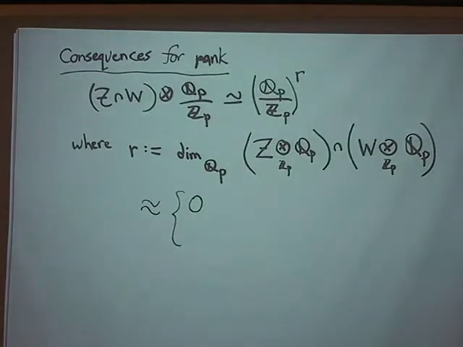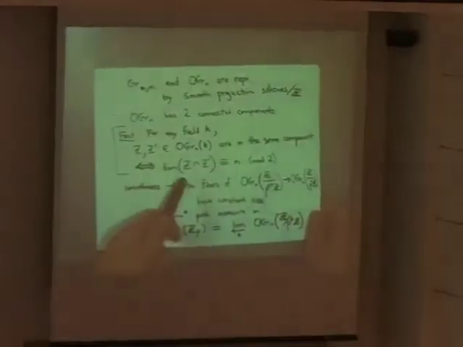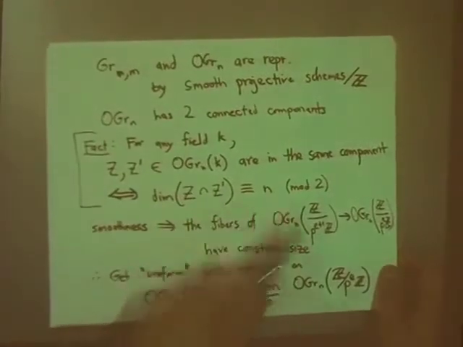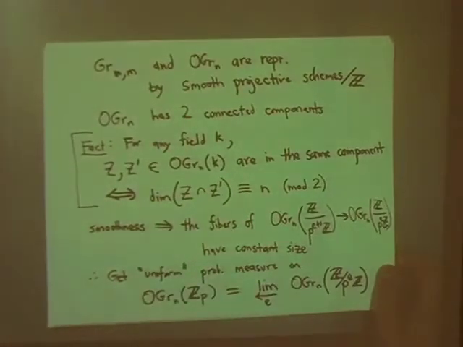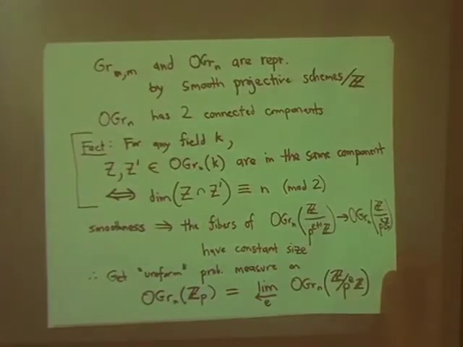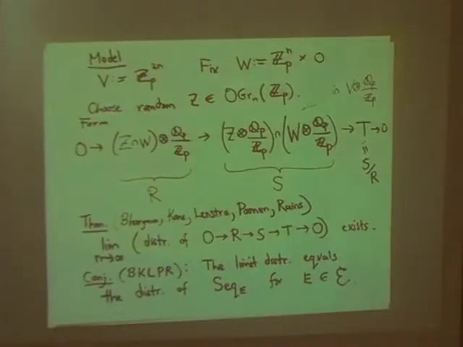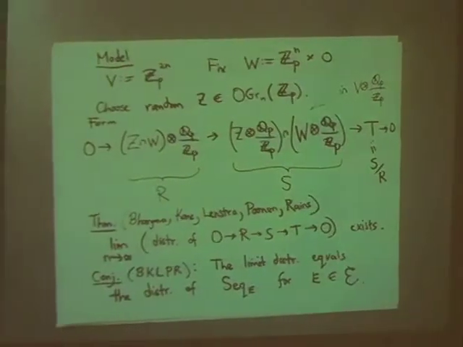And that's because of this thing about OGr. Back here, half the time when you intersect two maximal isotropic subspaces, you will get something that is odd dimensional. So half the time it's impossible to have a 0-dimensional intersection. And so what actually happens is that it tries to be as small as it can.